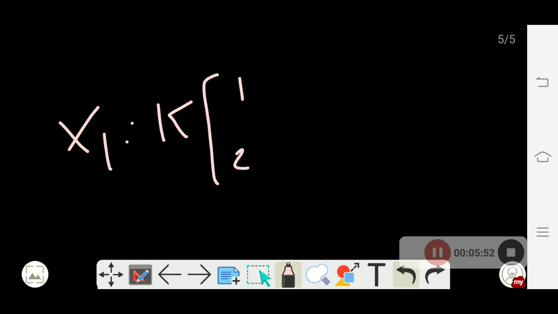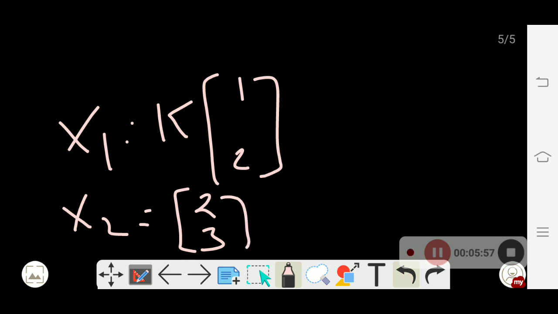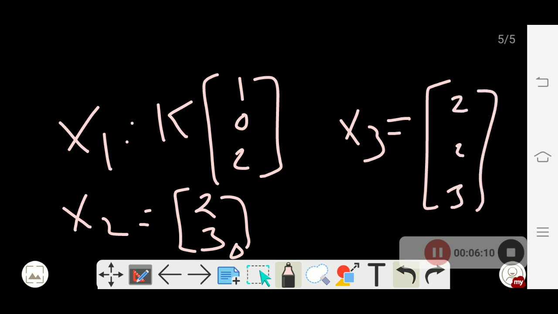How do you write eigenvectors? Suppose x1 is 1 0 1, suppose x2 is 2 2 3. Suppose it's 3 dimensional, right? So you have 3 values. The k value should be there.